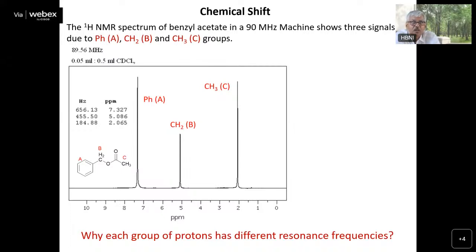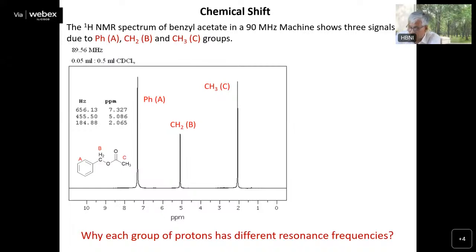One is attached to a carbonyl group. Another, the CH2, is attached to a benzene ring as well as an oxygen, and the remaining protons, the A group protons, are attached to an aromatic benzene ring. You can see that they have different positions. They are not coming at the same place.